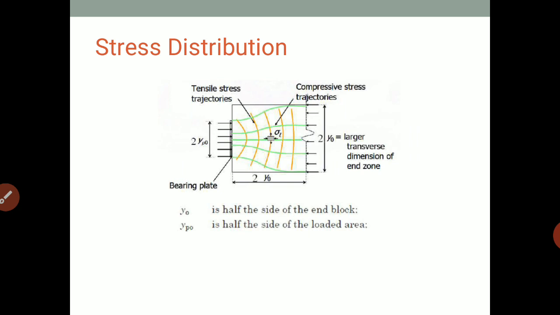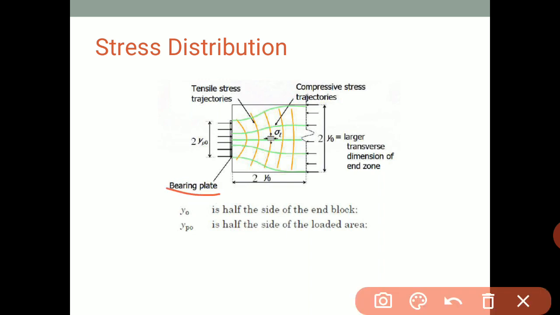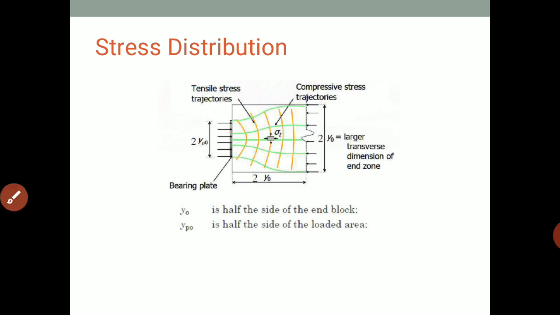In this diagram, this is the anchorage plate and this is the bearing plate. This force, these arrows, is the amount of pre-stress that will be applied on this part.